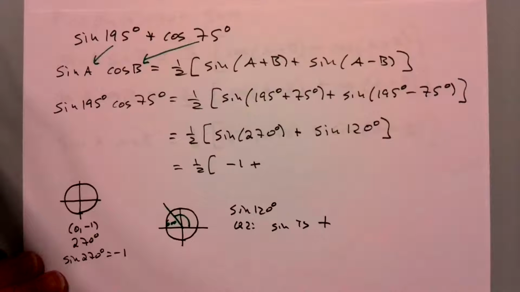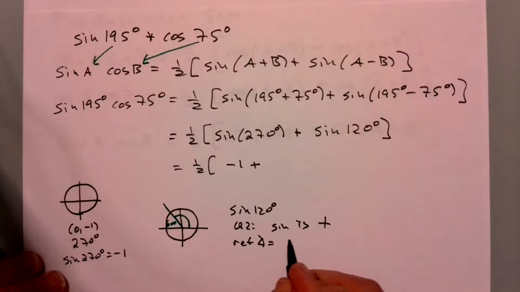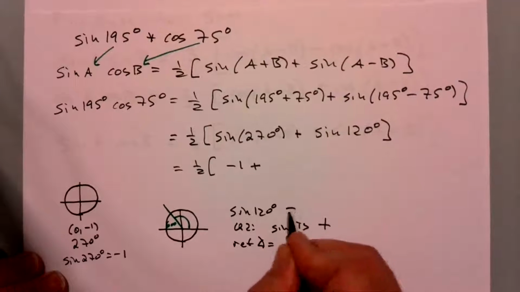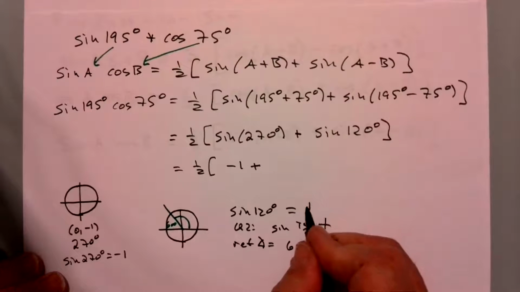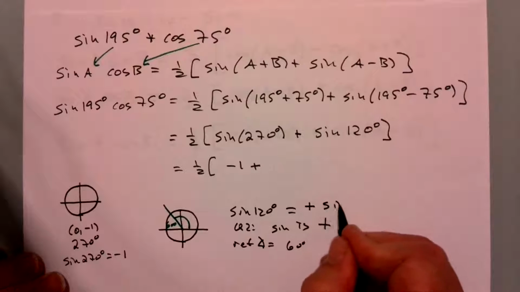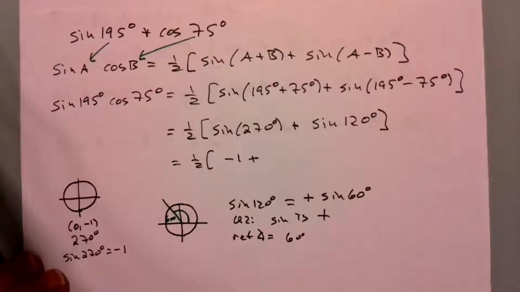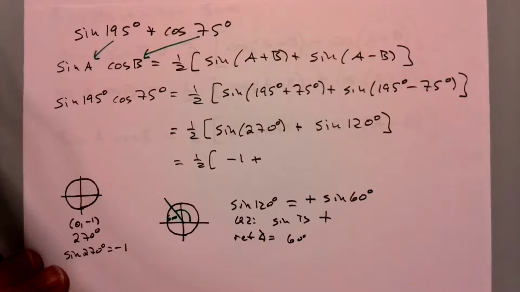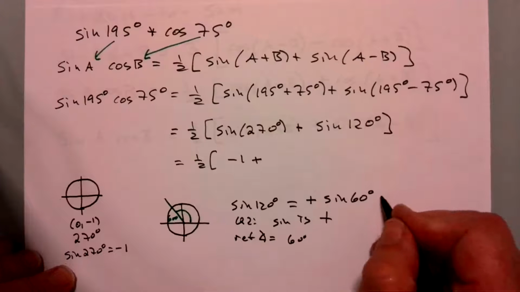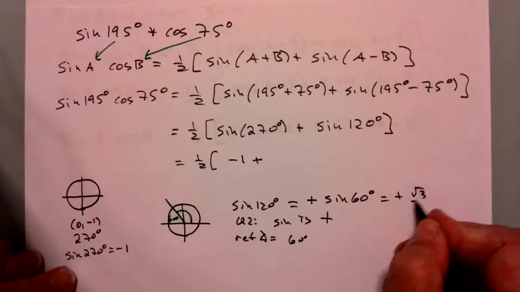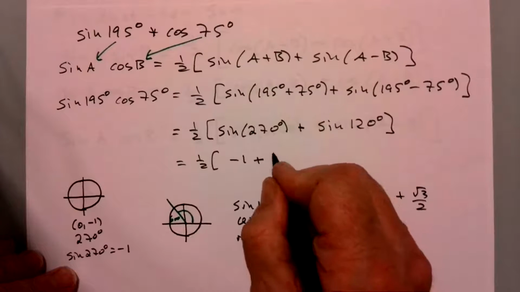The reference angle is 60 degrees. So sine of 120 degrees is the positive of the sine of 60 degrees. Positive because it's in quadrant 2. Sine of 60 degrees because 60 degrees is the reference angle. And the sine of 60 degrees, of course, is root 3 over 2. So I get positive square root 3 over 2.